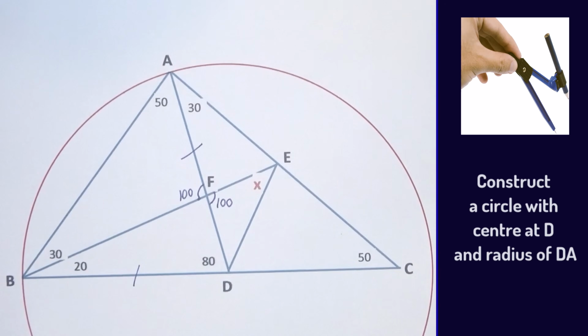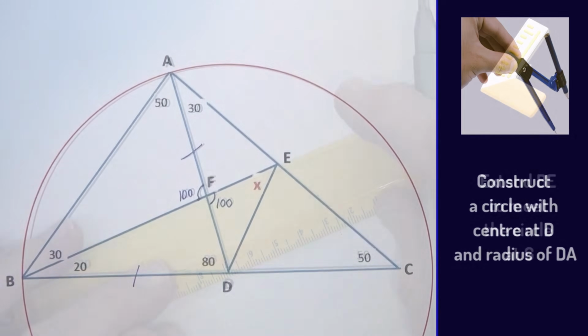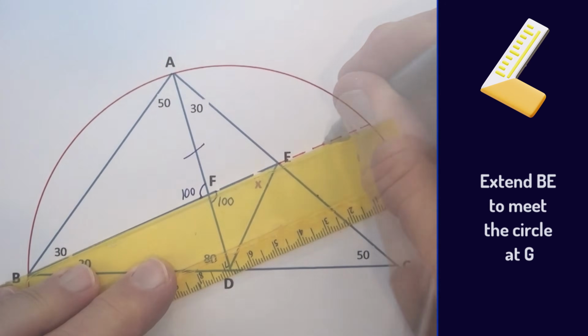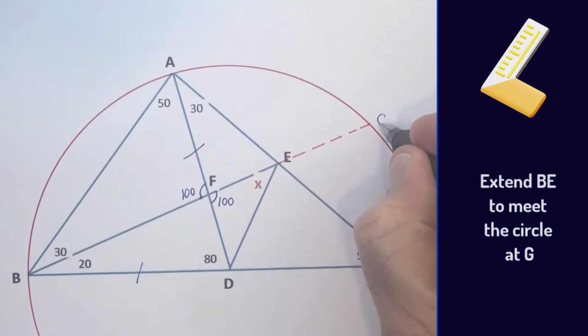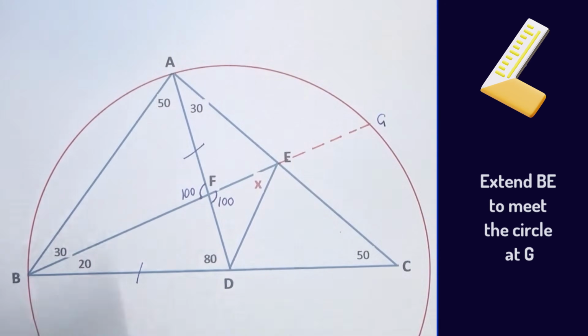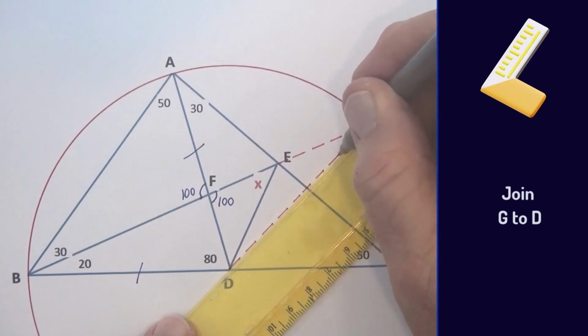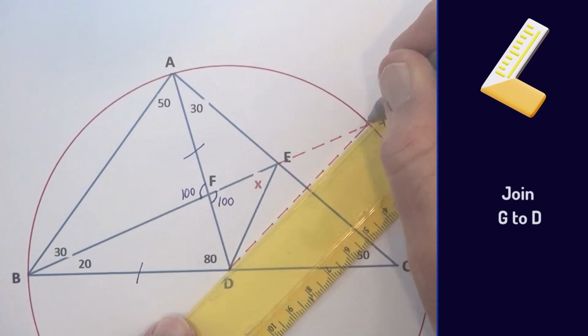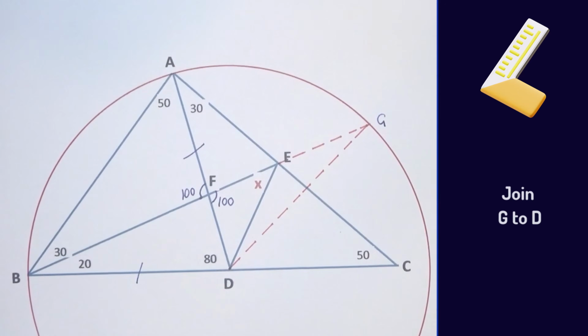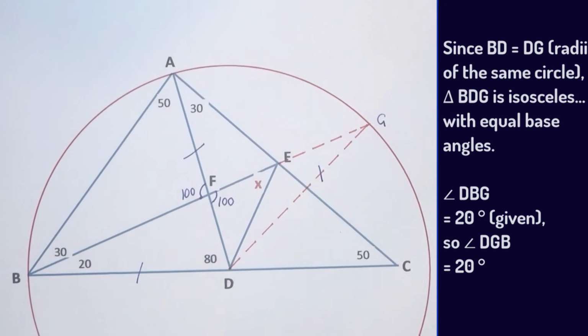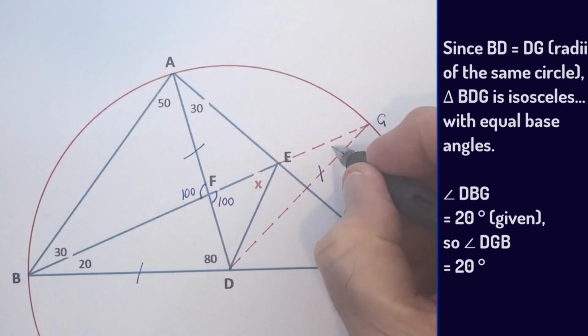So the point B will fall on the circumference. For the next step, I'm going to extend BE so it touches the circumference and make a new point G. Next step, join D to G. This forms a new isosceles triangle, BDG, with equal base angles of 20 degrees.